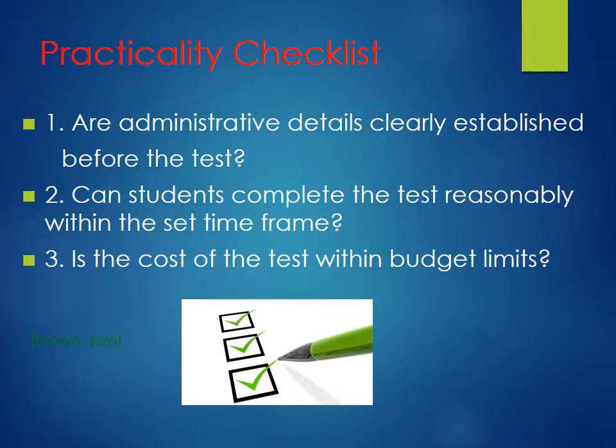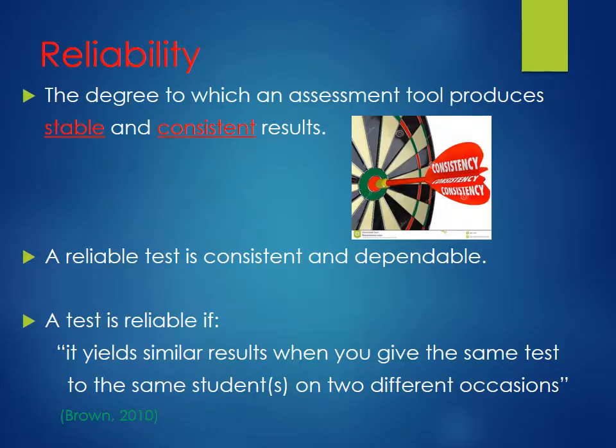These are questions that rephrase those issues in terms of a checklist. Are the administrative directions clear and clearly established prior to administering the test? Do you know how long the test is going to take? And is the cost of the test within the budget limits of you as a teacher or of your district's limitations?